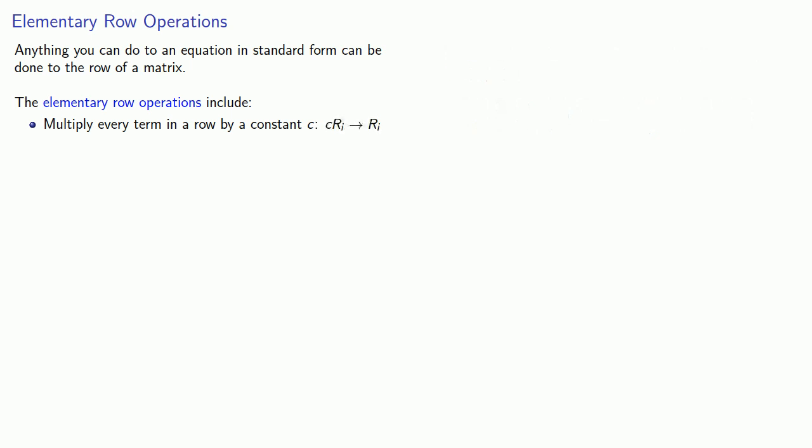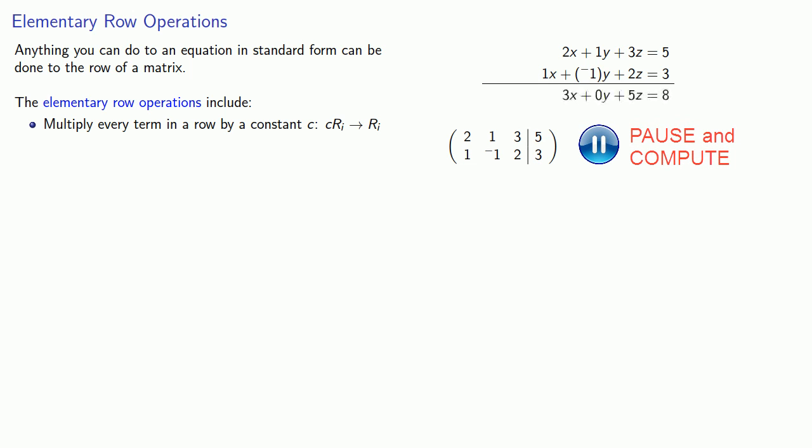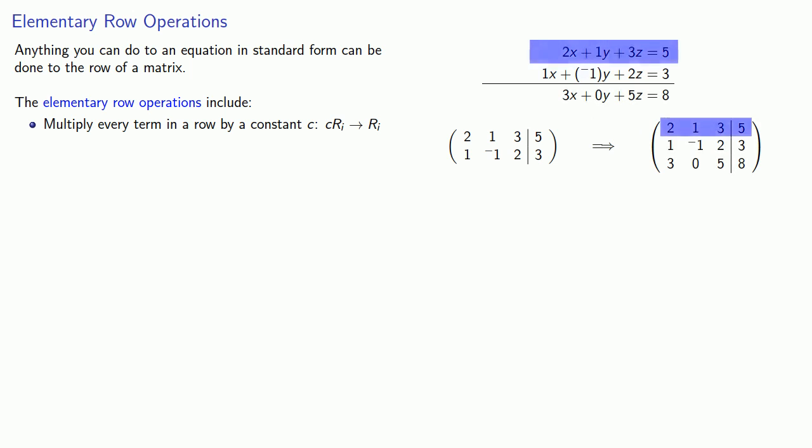Another thing we can do when we have a system of equations in standard form is to add one equation to another. So again, let's take our equation in standard form and the corresponding augmented coefficient matrix, and this time we'll add the two equations. Again, every row of the augmented coefficient matrix corresponds to the coefficients and constant of an equation.